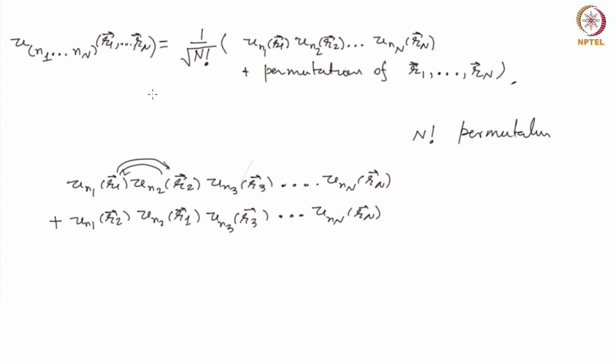This multi-particle system I want to leave now and start looking at relativistic field theories, and then we will quantize them. So the next thing I would do is look at Klein-Gordon theory at the classical level, and then we will quantize it. That's the plan for the next video.